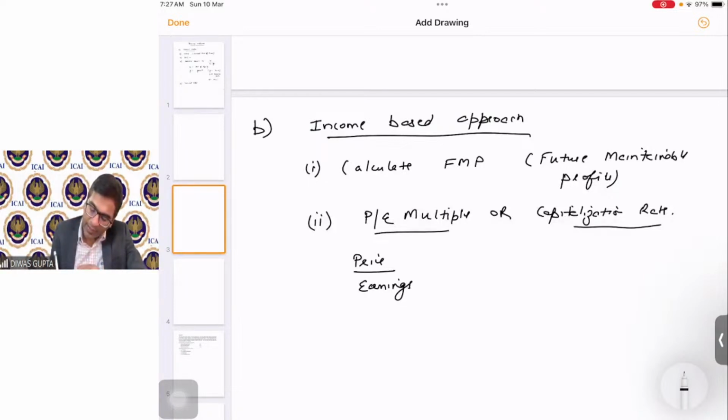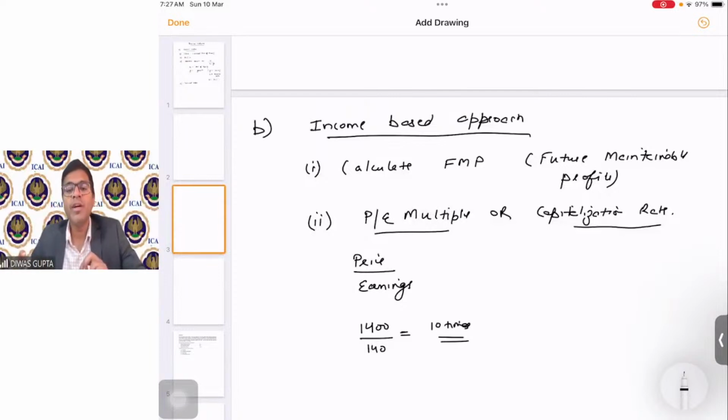For example, let's say the share price in the market is 1400 rupees, and the earnings per share represented by the company in their annual financial statements is 140. So broadly, it will be 10 times. It means for every rupee earned, the market will value it at 10 times, so it will translate into the valuation of the business.